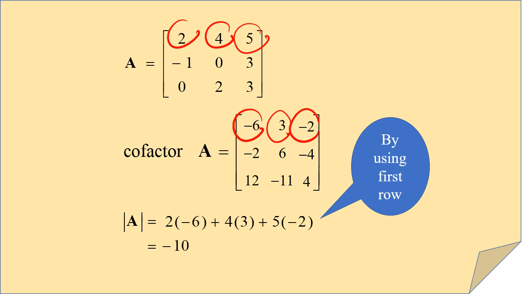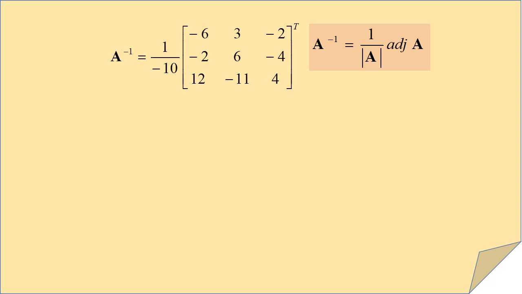Okay. So, directly we can find our inverse. What is our inverse? It's 1 over the determinant multiplied with the cofactor transpose, and the cofactor transpose is the adjoint. So now the cofactor we have, the determinant we have. So find the adjoint by transposing the cofactor.